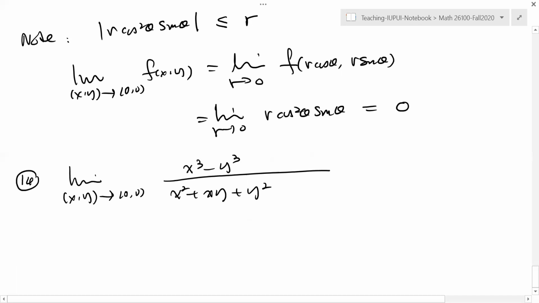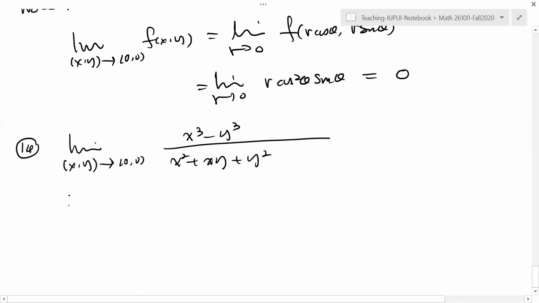First of all, when I look at this, I find that this limit should be 0. The question is how do you prove it? If you use polar coordinates, I don't know whether it will make it easier. Maybe it's easier, maybe not. We can try. That works because it's a homogeneous function, so probably it's okay.